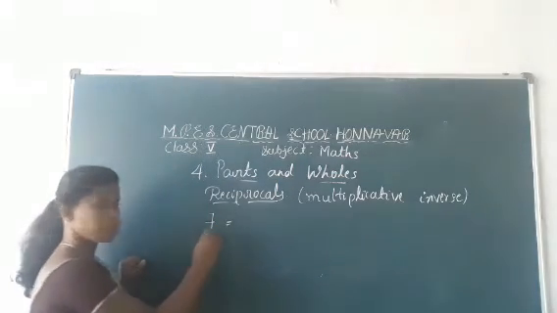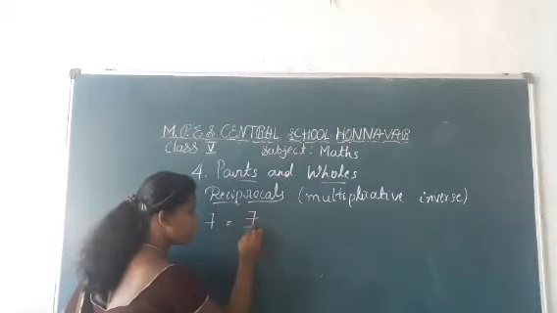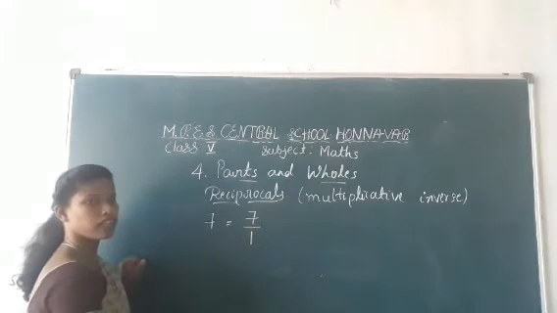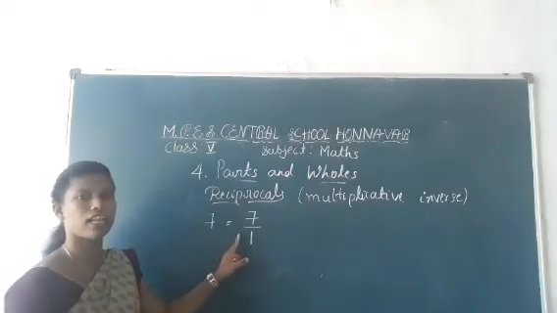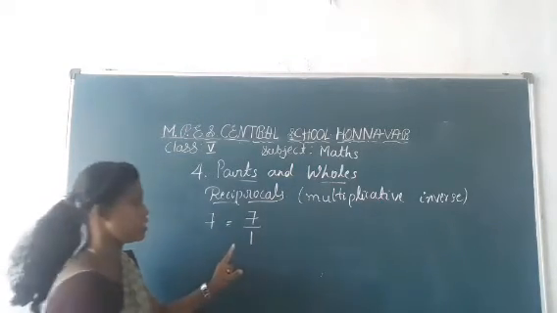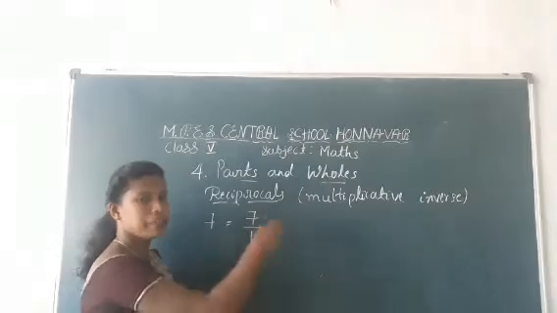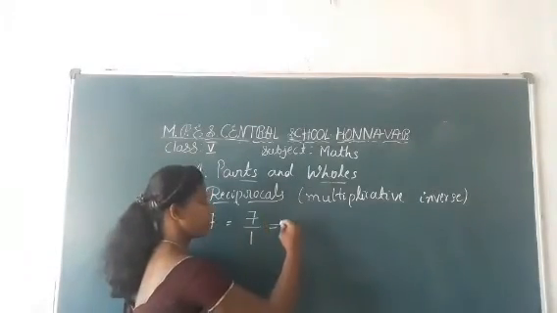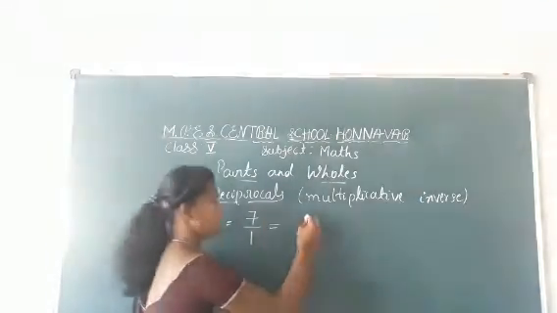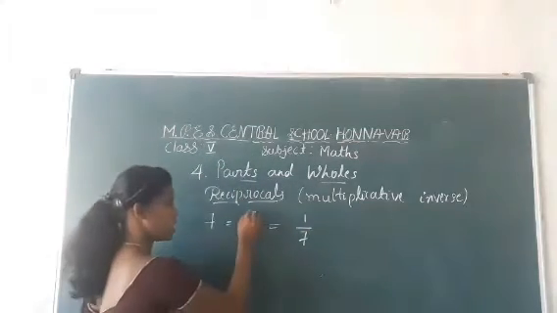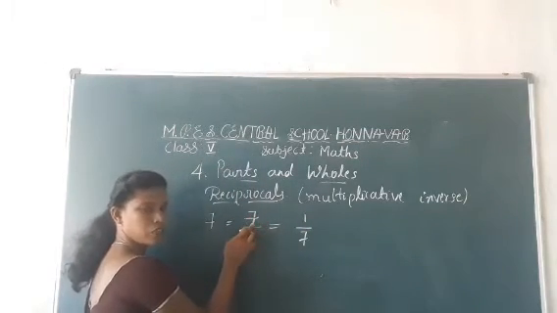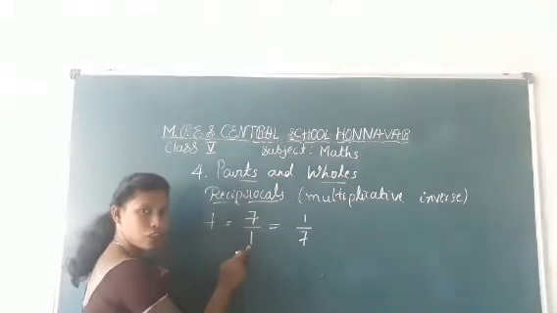Here 7 we write in a fraction form, that is 7 by 1. It is equal to 7. Now we write the reciprocal of 7 by 1. Here we take the multiplicative inverse, meaning we take the inverse of it, that is 1 by 7. Here 7 is in numerator and 1 is in denominator.